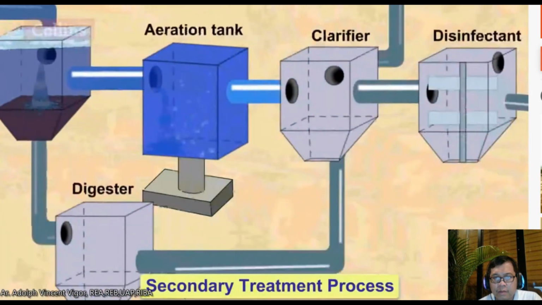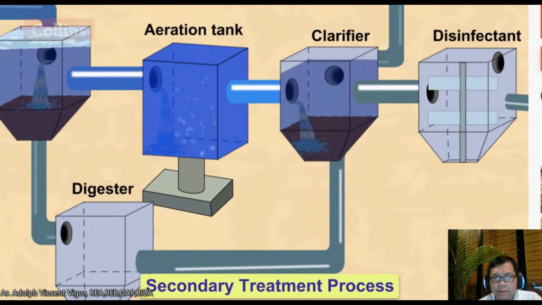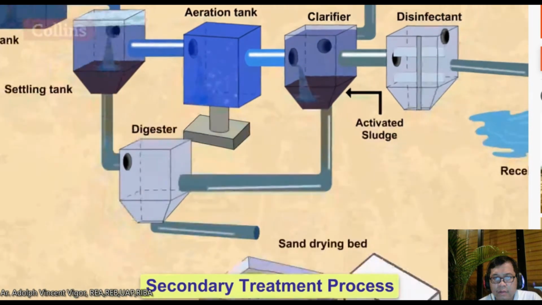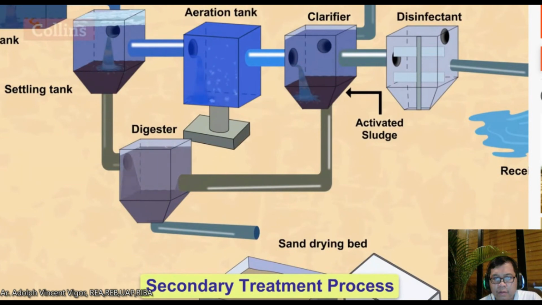The mixture then flows from the aeration tank into the clarifier, where activated sludge settles out by gravity. The activated sludge so produced, along with the sludge produced in the primary process, is transferred to the digester, where it is decomposed by anaerobic bacteria.